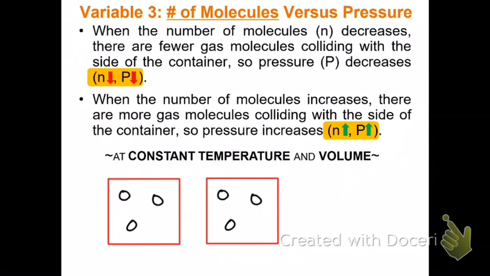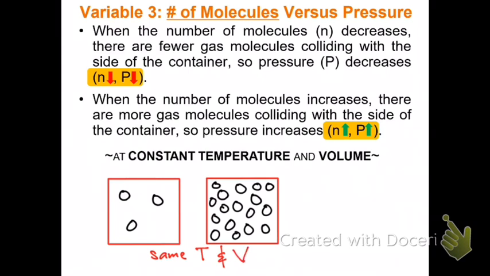So I'm going to add a lot more molecules here on the right hand side, the right container. Now, this is at the same temperature and volume.